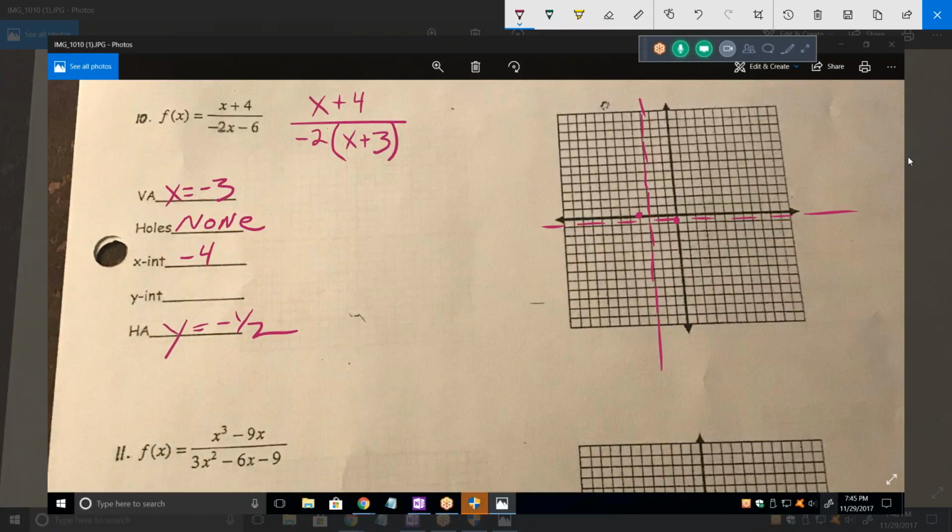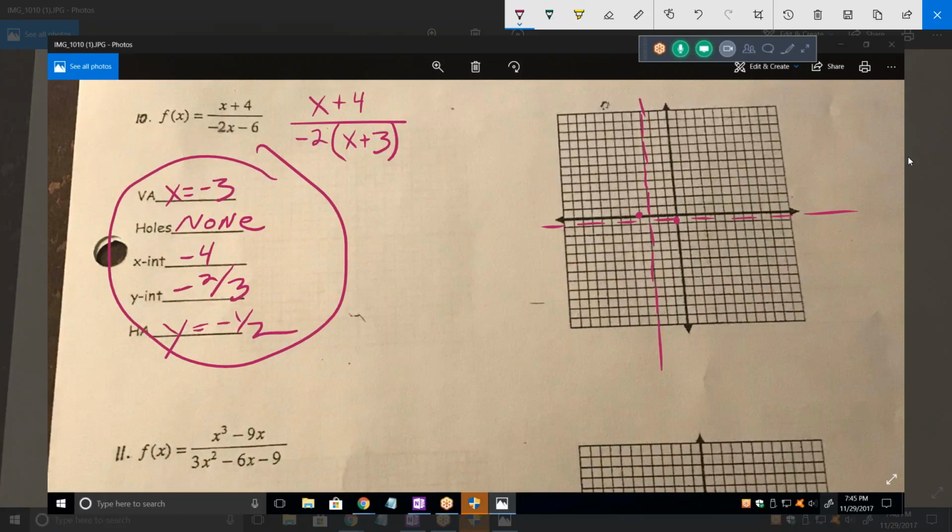Is that below the horizontal asymptote, on it, or above? Below it. Yep. In other words, -2/3 is below -1/2. So that dot that I drew is not on the horizontal asymptote. It's on our curve.